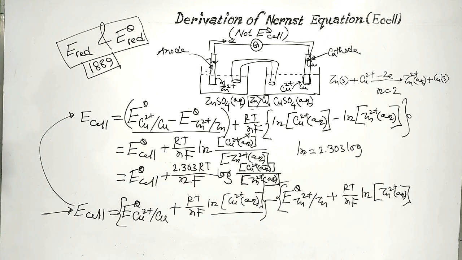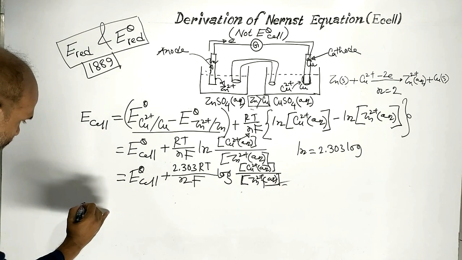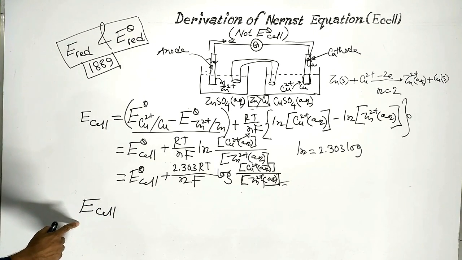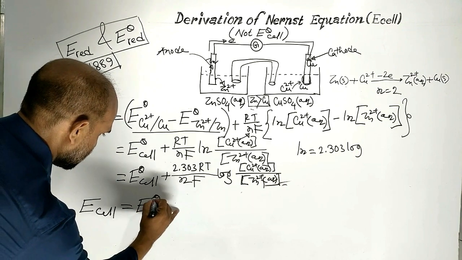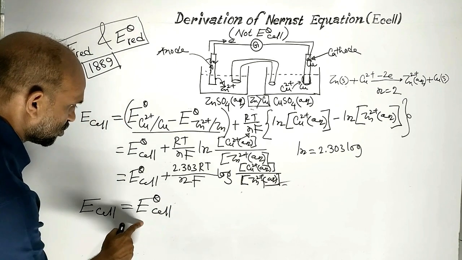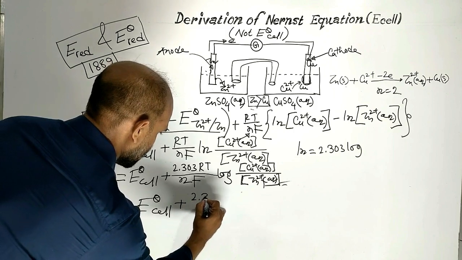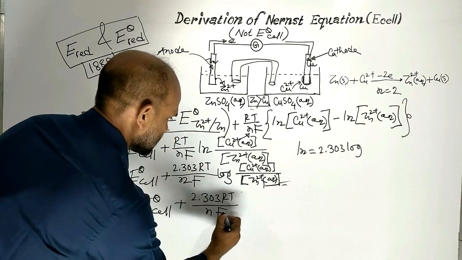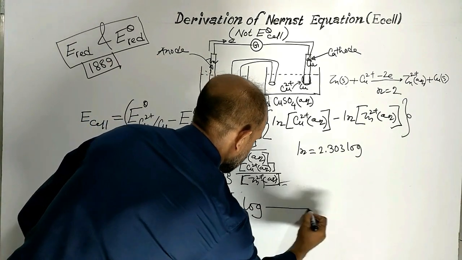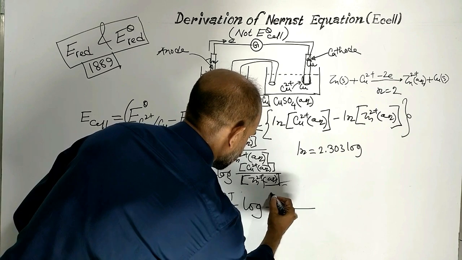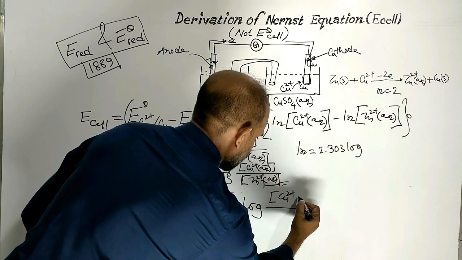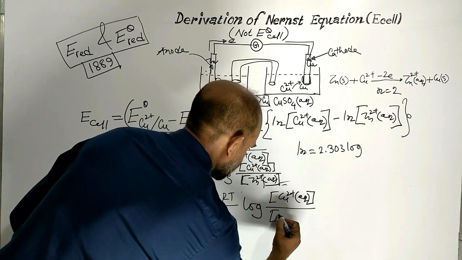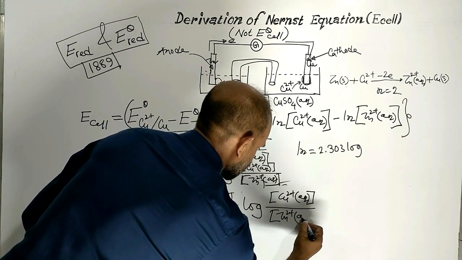Now let us write the complete equation. Complete Nernst equation: non-standard state cell potential is equal to standard state cell potential, which is known, plus 2.303 RT by NF, then log concentration of copper ion for Daniell cell divided by concentration of zinc ion.